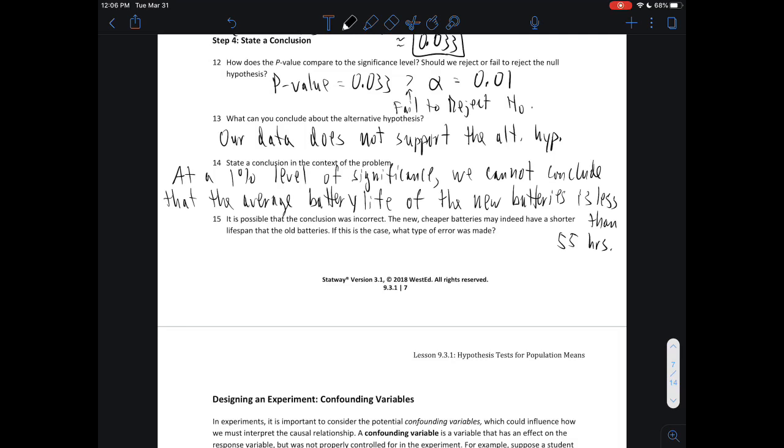With that, it is possible that a type 2 error was made. We failed to reject the null hypothesis, even though it actually is true that the batteries do have a shorter lifespan. That would be the error, that we made that conclusion even though it was actually true that the batteries had a shorter lifespan.